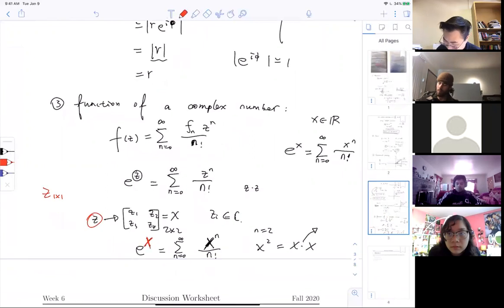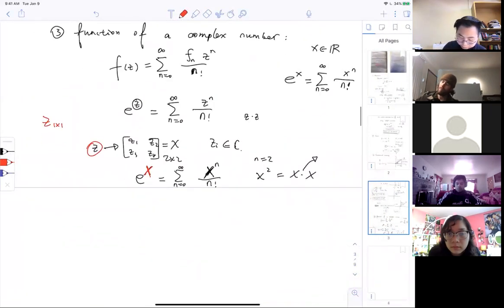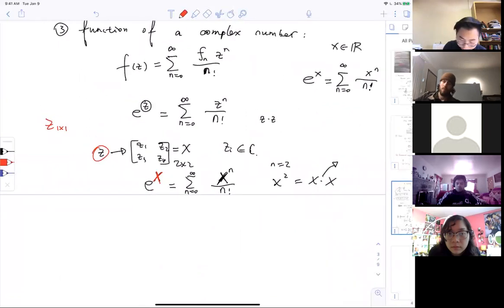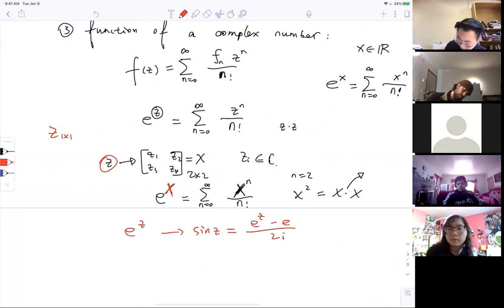Let's add another page. By the way, once we have this kind of exponential of z, we can define sine z, and we can decompose sine z like this.